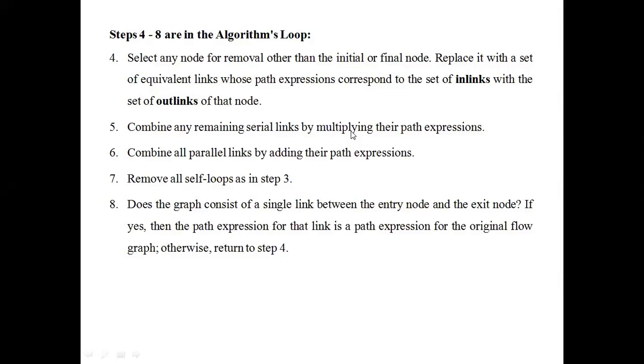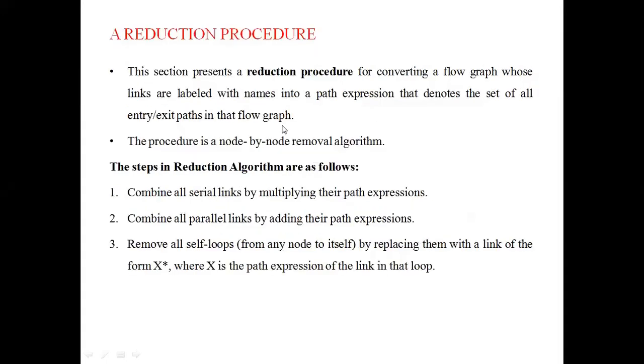When you start the reduction procedure, we should not take the initial and the final node as the first reduction node. Then multiplications will be done, parallel links addition will be done, and a self loop, meaning loop repetition, has to be represented with the star.